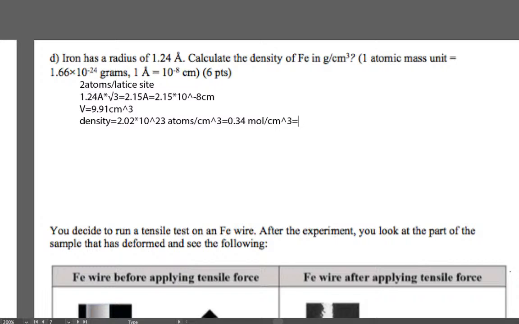And so to convert from moles, since it's grams per mole, you just need to multiply that by 55.845. What you'll get is equal to 18.72773 grams per centimeter cube. That's the density.